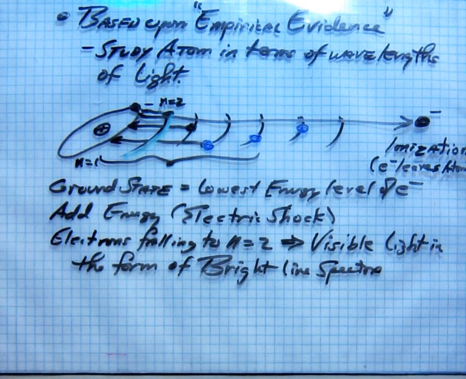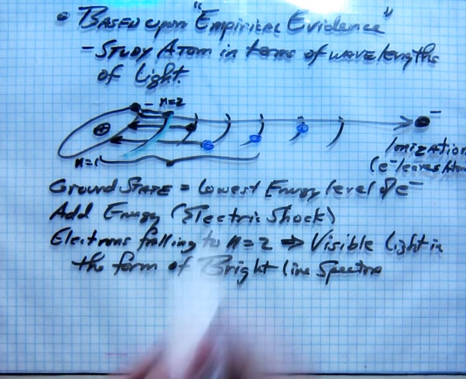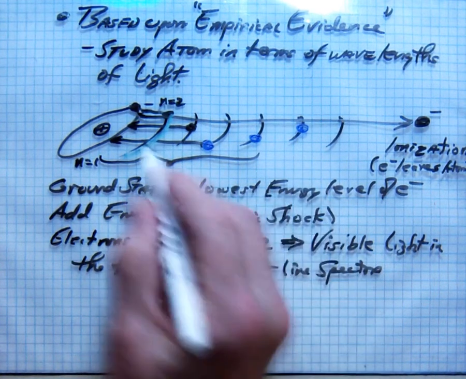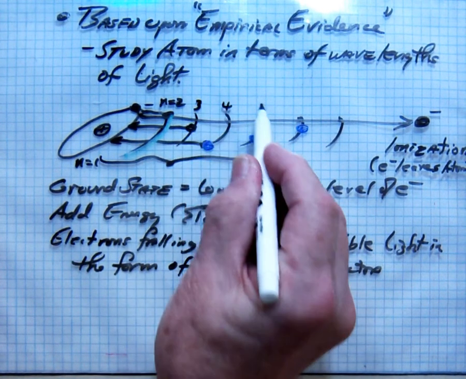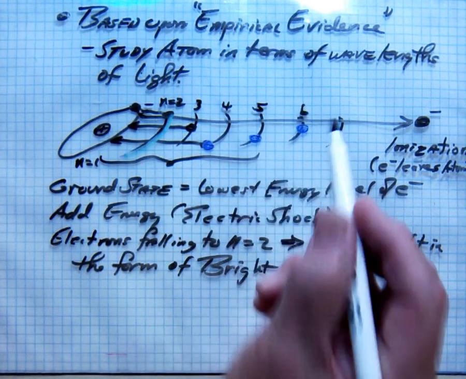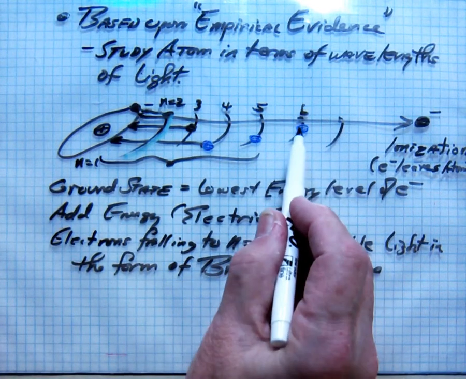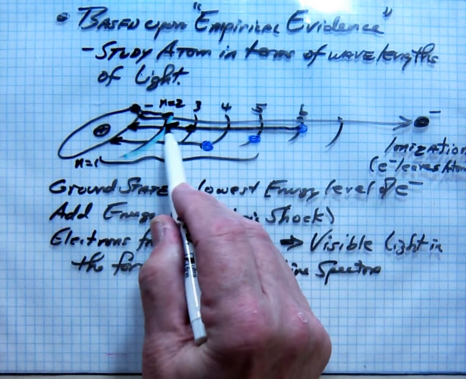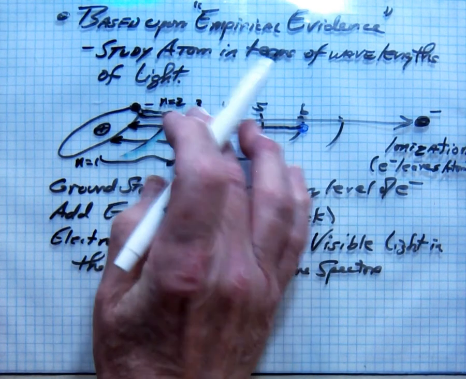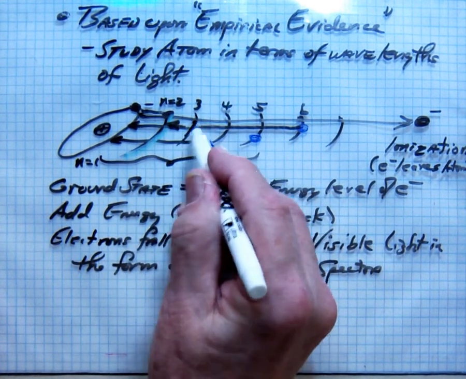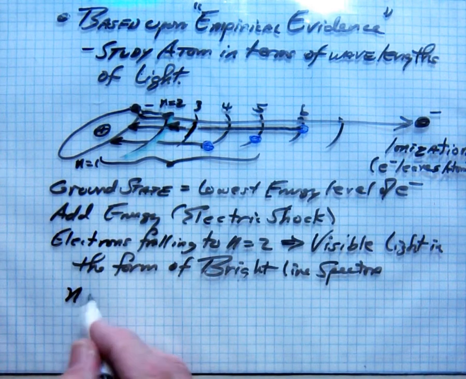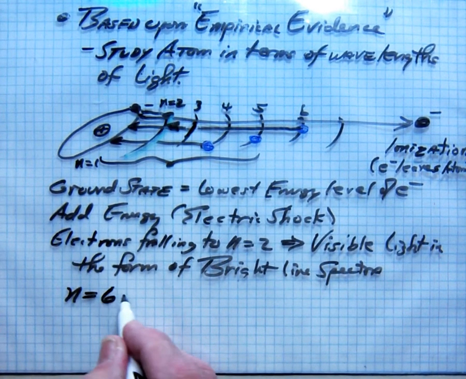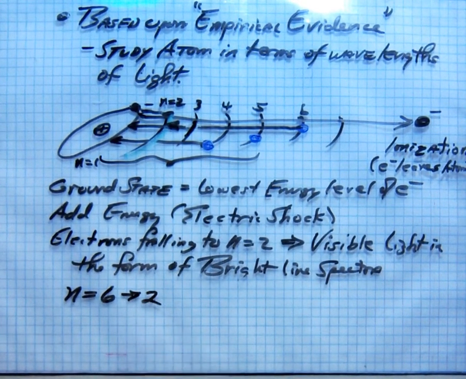So, if the electron goes out to, let me number them, this is 3, 4, 5, and 6. If the electron goes from 6 down to 2, say, right there, we'll get rid of this one for the short term. So, I'm going to go n equals 6 to 2 transition.